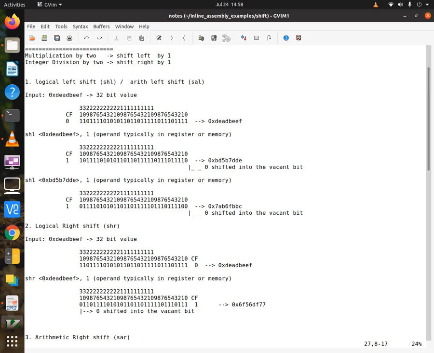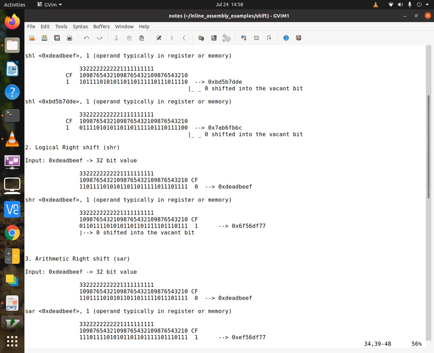So after the shift is done, the carry flag will still be a 1, and all the bits continue to get left shifted. That leaves a vacant position again in bit 0, and a new 0 is shifted into the vacant bit. So that's how the SHL and the SAL instructions operate.